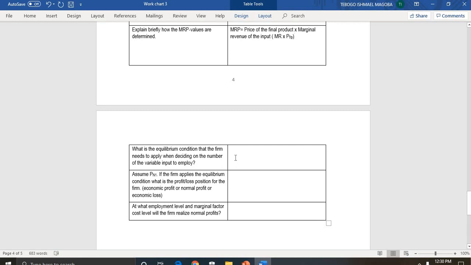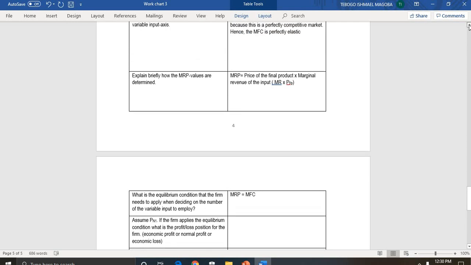But on this graph, the point that will be most optimal for them would be where your marginal revenue product is equal to the marginal fixed cost.